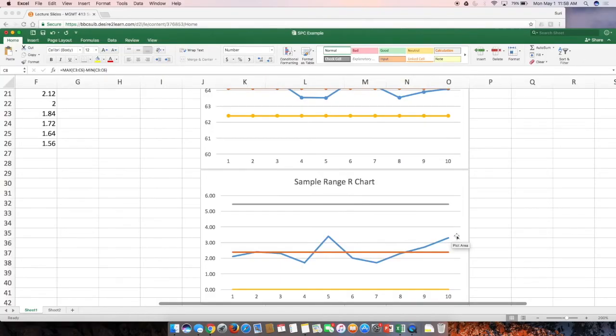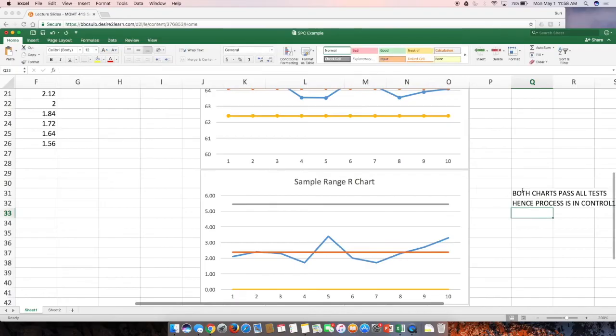You do see ups and downs, but it looks like it's random. Okay, as I said, that's always going to be the challenging part. You don't see any 2 successive points hugging the limits, so it looks okay. And so now, only if both charts check out okay, then you can say this process is in control. So now you say both charts pass all tests, hence process is in control.